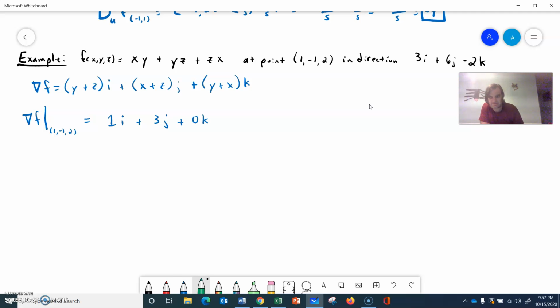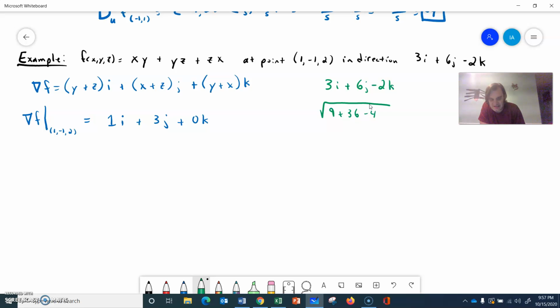Then separately over here, the direction we're going to move in is 3i plus 6j minus 2k. So the magnitude of that is the square root of 9 plus 36 minus 4. So what is that?